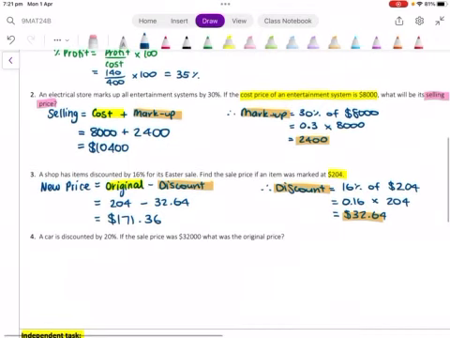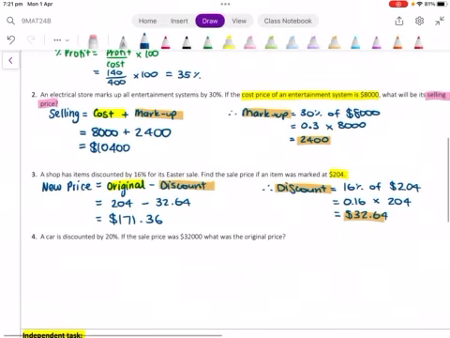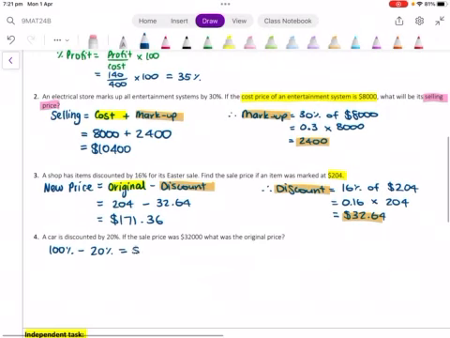So what we can do here is we have that the sale price is our 100% minus our 20%. And we want to find out what 100% is. So that means our 32,000 is actually 80% of our price of our car.